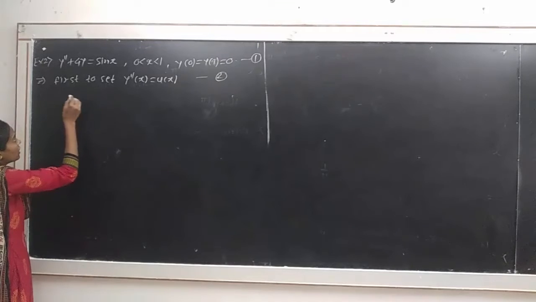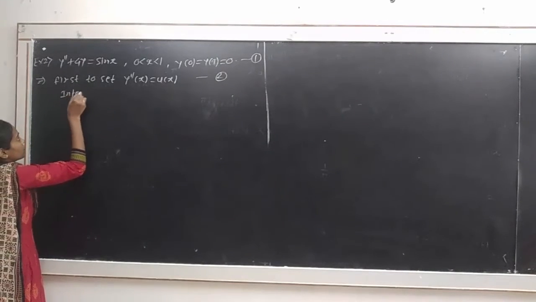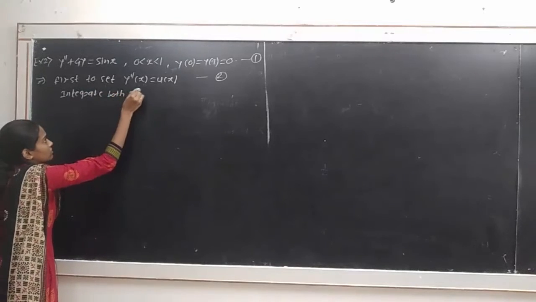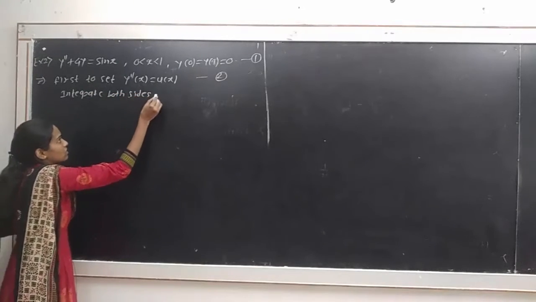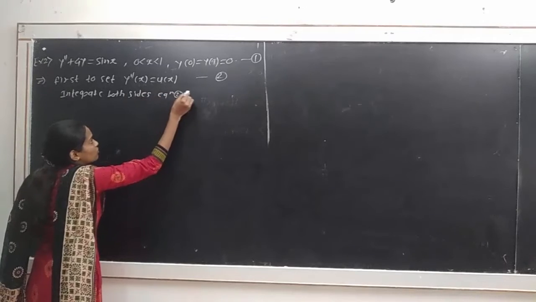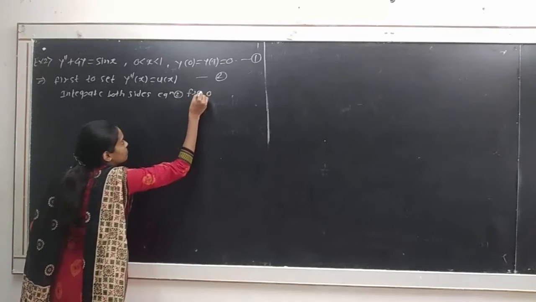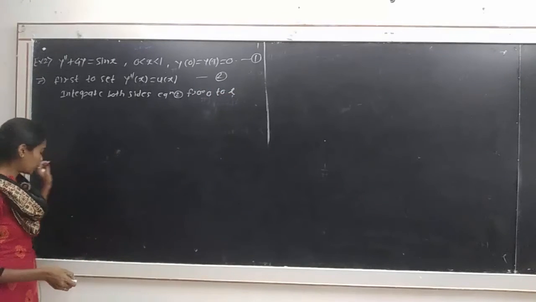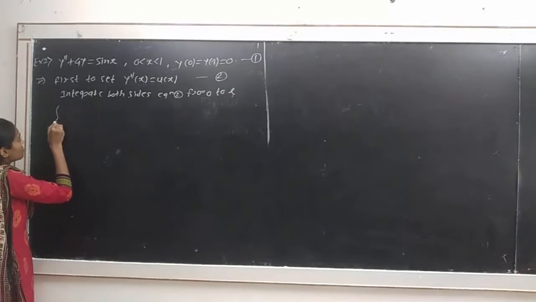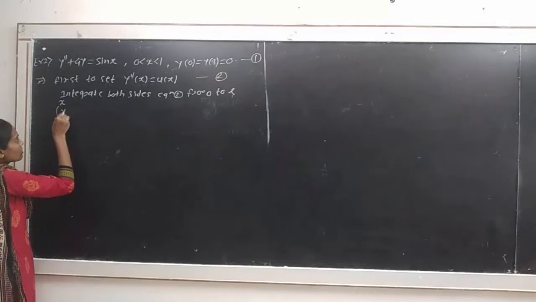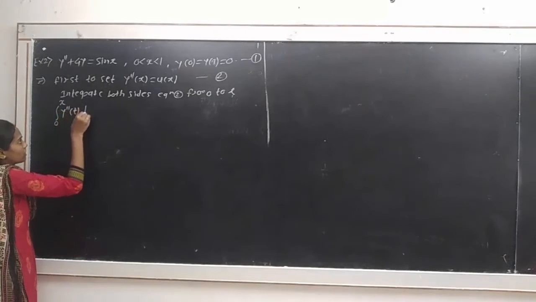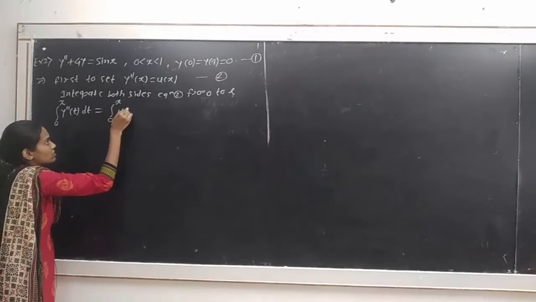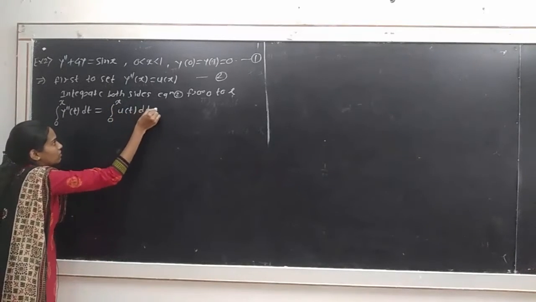Then integrate both sides of equation 2 from 0 to x. By integrating, we get integration from 0 to x of y double dash of t dt is equal to integration from 0 to x of u of t dt.